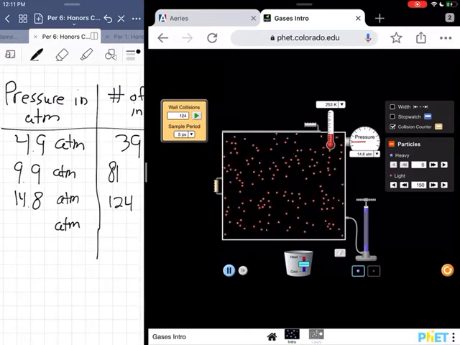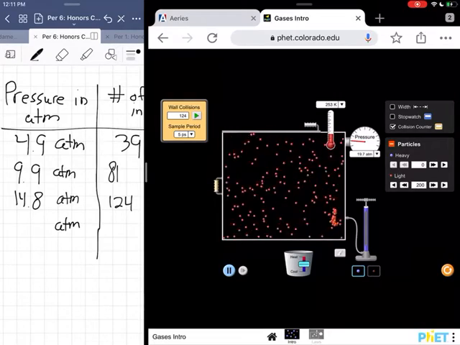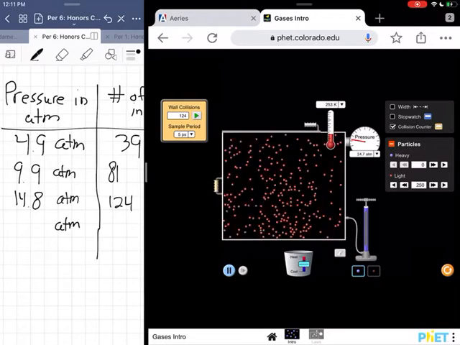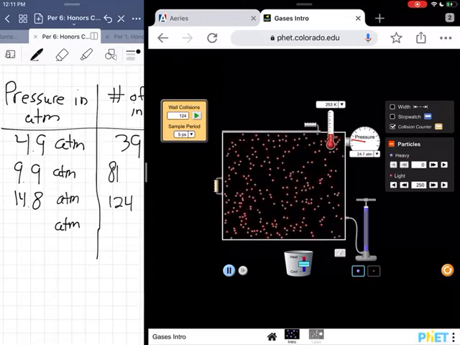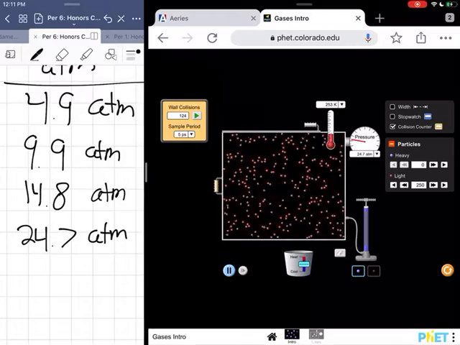Let's take one more. Let's add in a bunch more particles. Let's add 100 more. So now our pressure is 24.7.